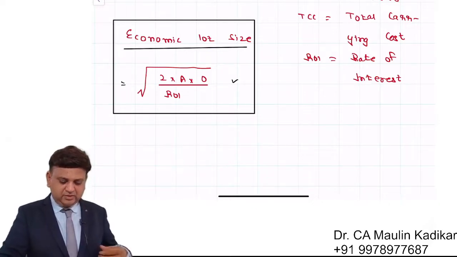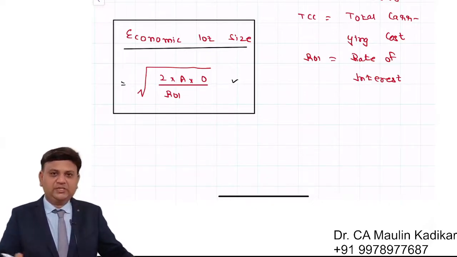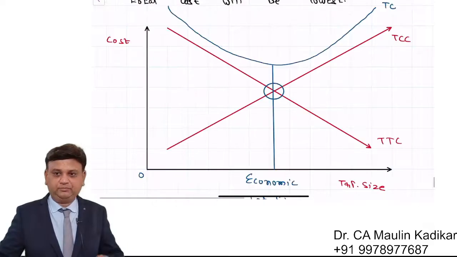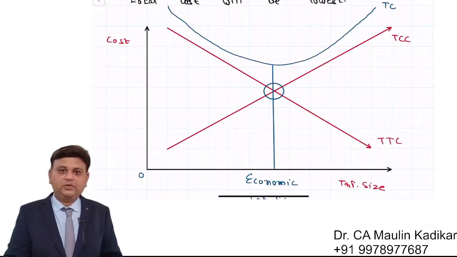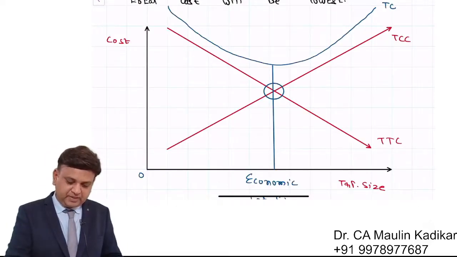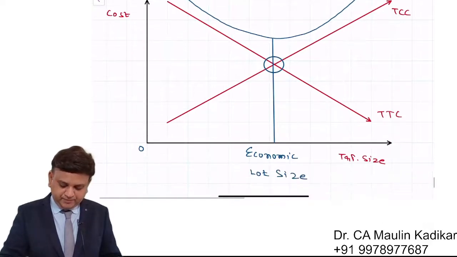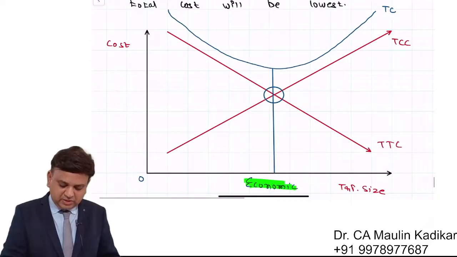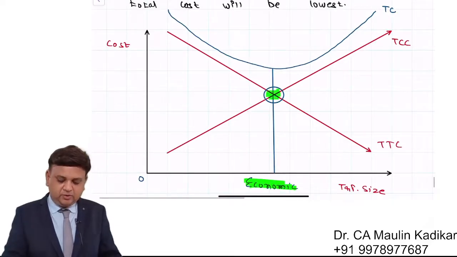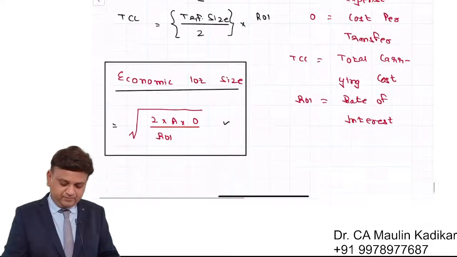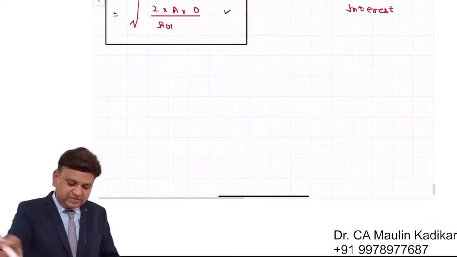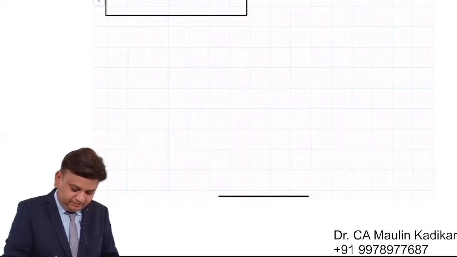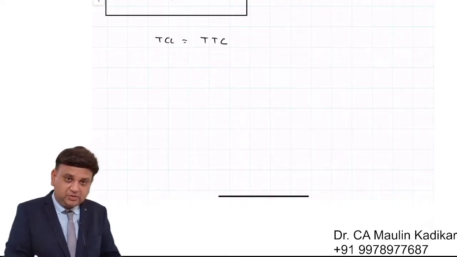Friends, over here the concept is like this. We are required to find such lot size at which total carrying cost and total transfer cost are same. So in that case it is in this way: total carrying cost is equal to total transfer cost.